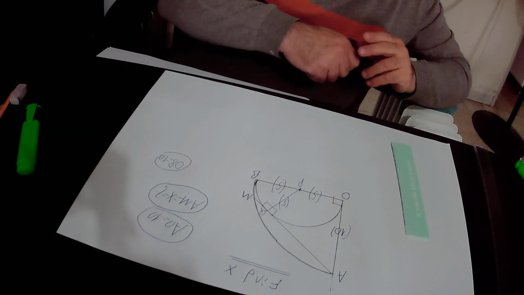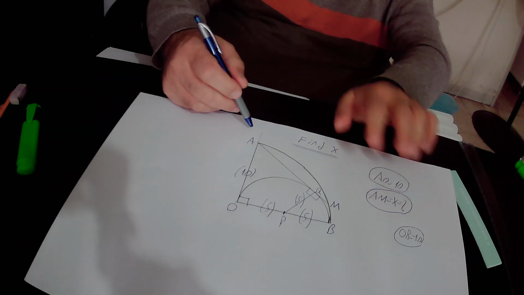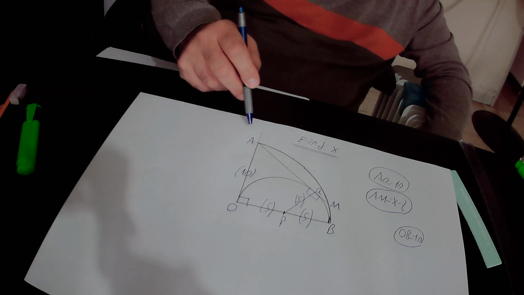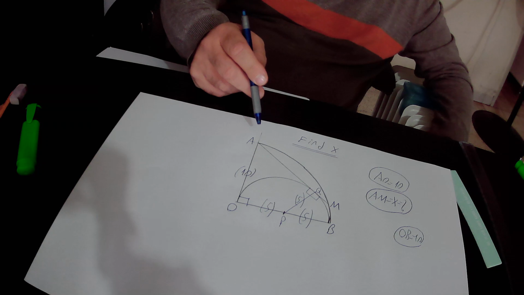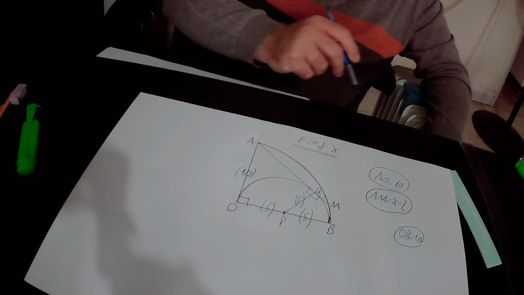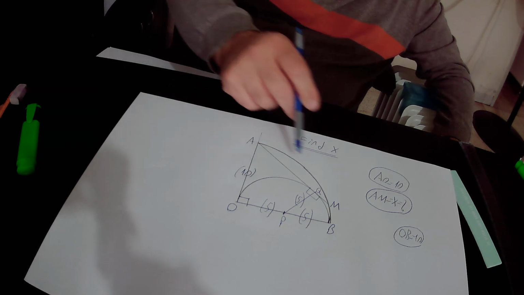From point A, we have two tangents to this semicircle, tangent AO and tangent AQ. Or tangent AM, that is actually tangent to this semicircle at point Q. So we have two tangents, tangent AO and tangent AQ.